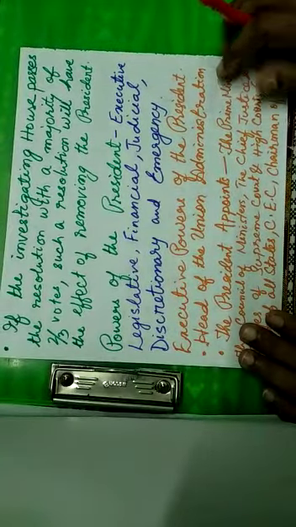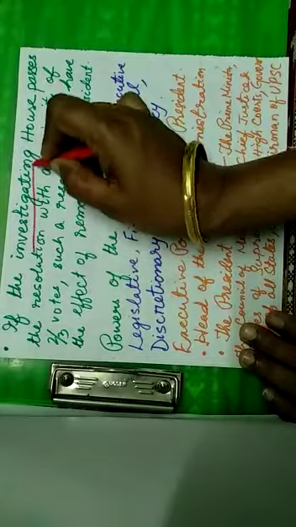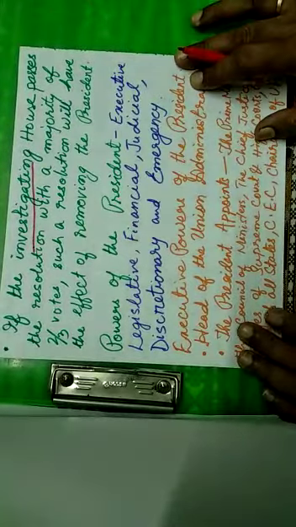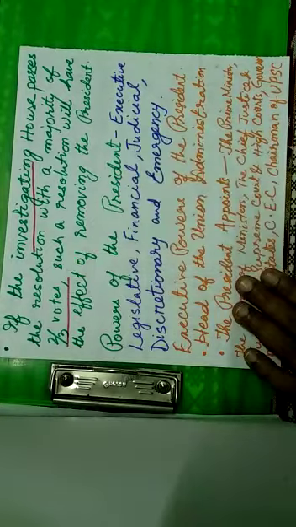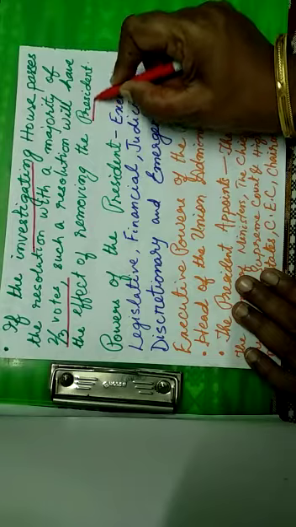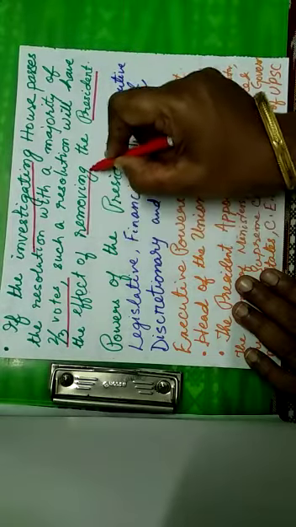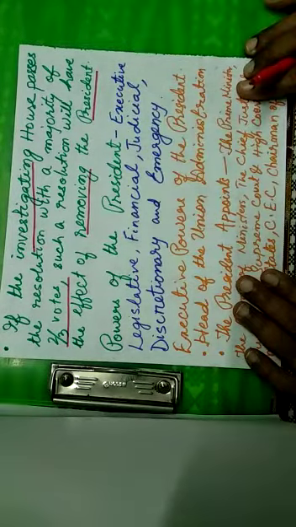If not, if investigated in the second house and the resolution is passed with a majority of 2/3 votes, such a resolution will have the effect of removing the president. This is in brief the procedure for removal of the president.